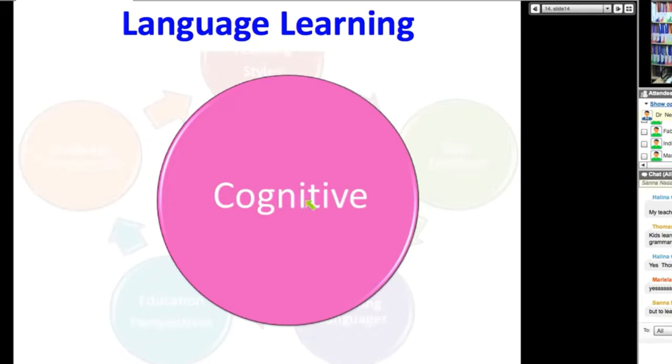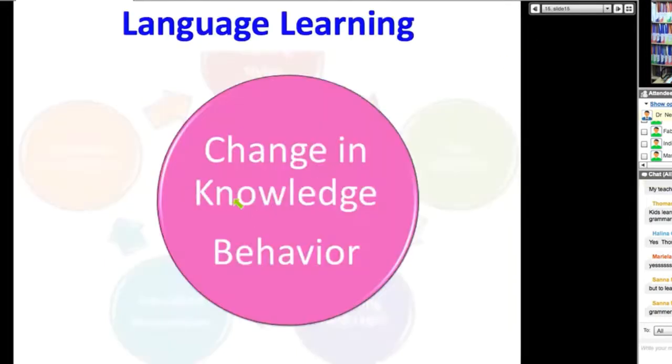Okay, so maybe a combination of cognitive and behaviorism. You know something and then you behave and you use it correctly, that might be good. But cognition is only change in knowledge. It doesn't mean that you're going to behave that way. So just knowing is a change. From nothing, and now you know something. So parts of speech. You didn't know parts of speech? You teach your students the parts of speech. They know the parts of speech.